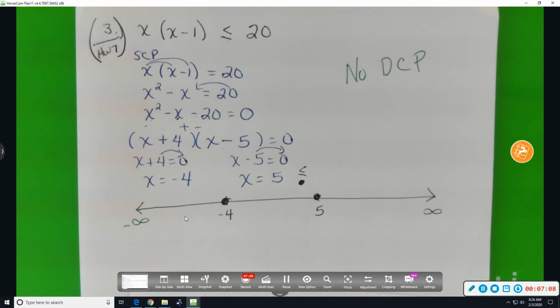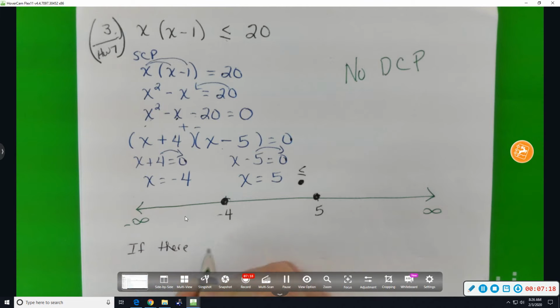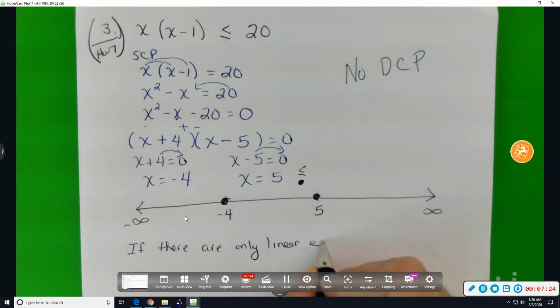Here's how I look at these things and decide, will they alternate? Okay? If there are only linear equations, if you don't have to factor anything, then it alternates. Okay?